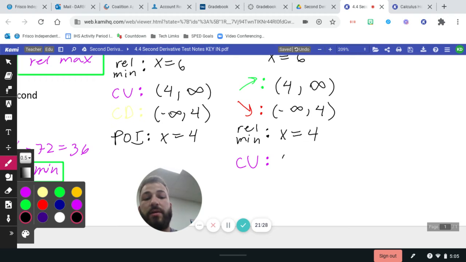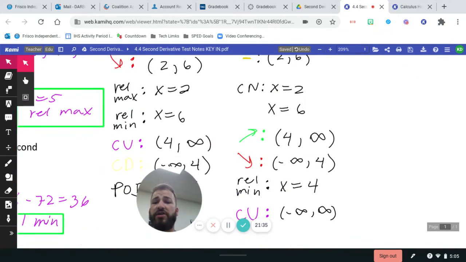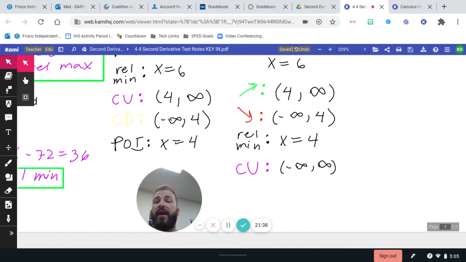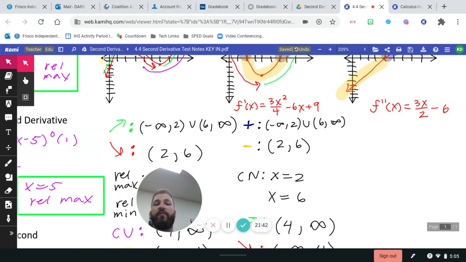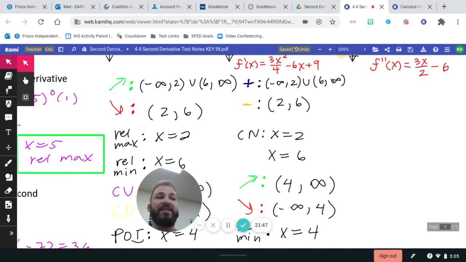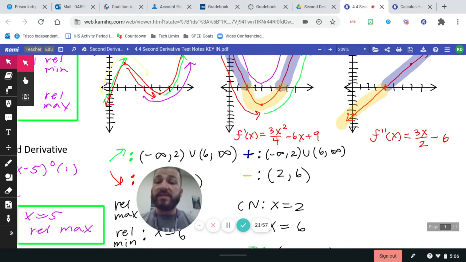You notice the concavity of F prime shares no similarities with F. Hopefully by the time we get to F double prime, we're going to see this 3-tiered relationship, but eventually that tiering does break, and we're going to talk about that more towards the end of the notes. Because we're always concave up, we're never concave down, and we don't have any points of inflection.